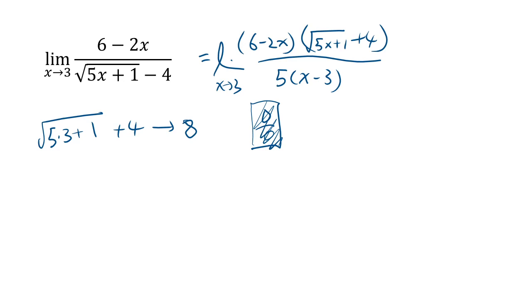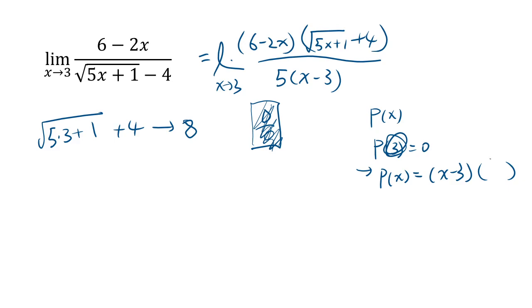Well, here is a nice fact from pre-calculus that says if you have a polynomial, and 6 minus 2x is a polynomial, right? In my mind I'm thinking of 6 minus 2x as this p(x), and if p(3) is 0, which is the case, right? If you plug in 3, it's 0. Then it's true that you can rewrite p(x) as x minus that number times another factor, I don't know what, okay?